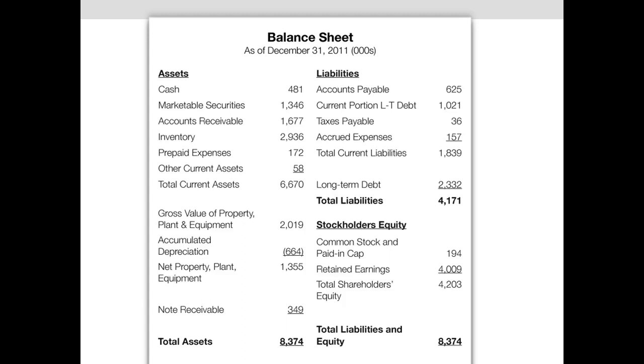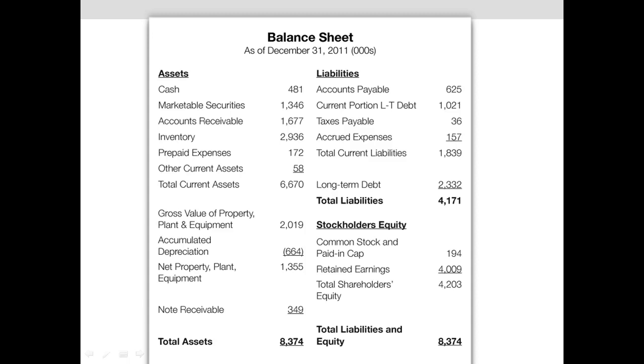Here is a sample balance sheet. The first thing you will notice is December 31, 2011, and thousands of dollars. You will need to notice two sides, the assets and liabilities sides. The balance sheet needs to balance, which means the value of total assets and the value of total liabilities should be equal.